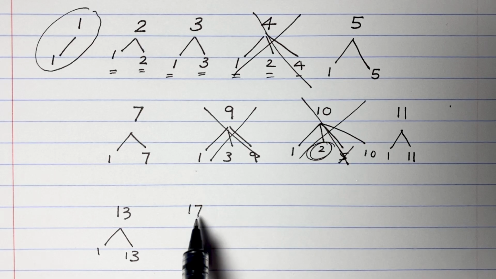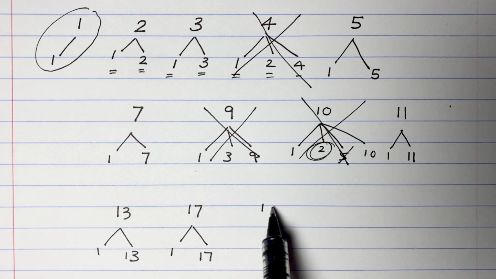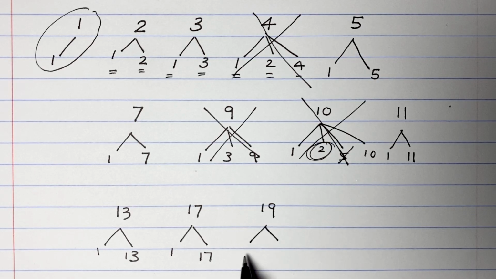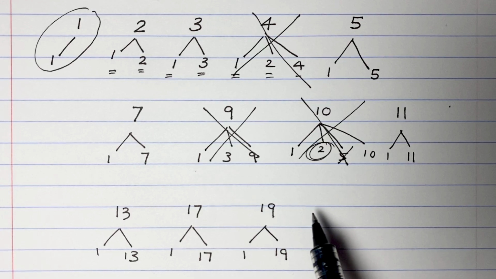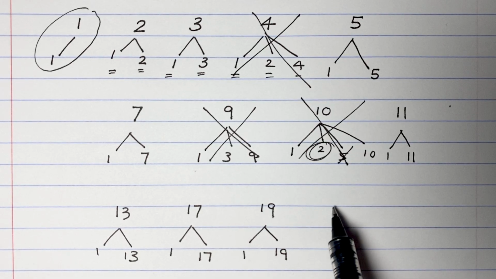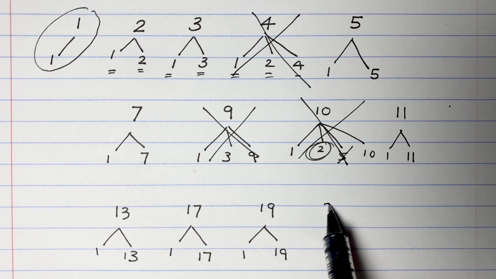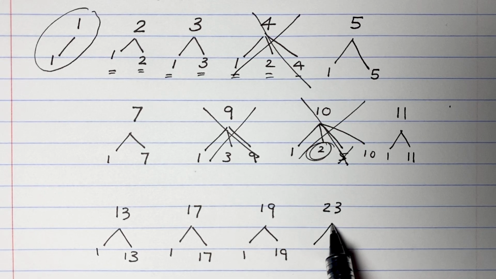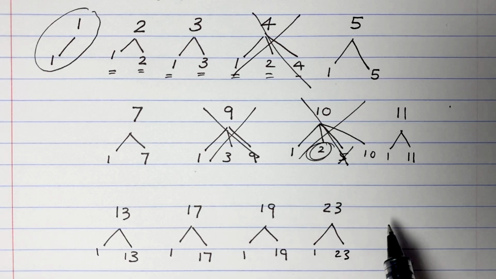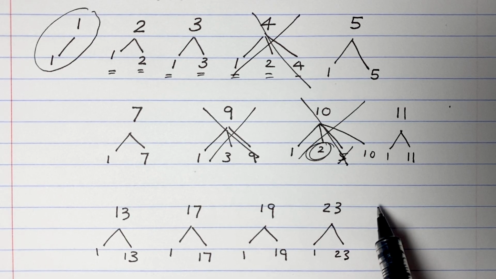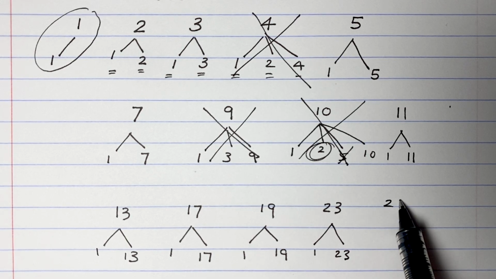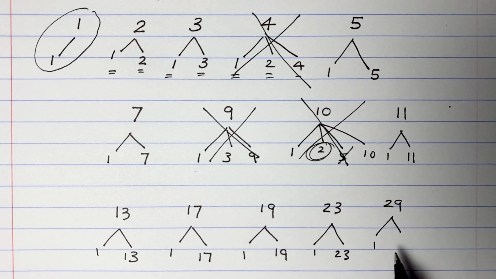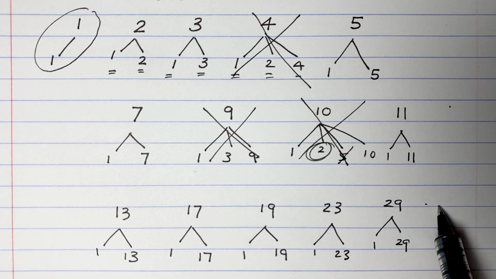Next one is 17. 19. 1 and 19. 20 is not because it's even. 21 isn't because 3 and 7, besides 1 and 21, go into it. 23 is a prime number. 1 and 23. There's no other prime number until you reach 29. 1 and 29, and the list goes on forever.